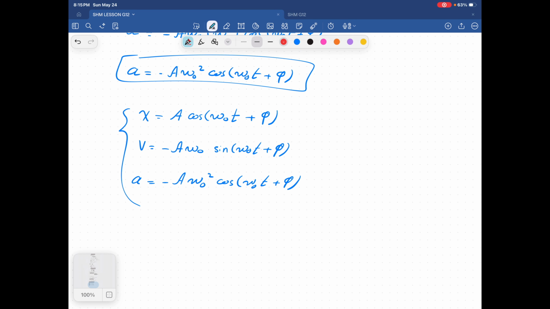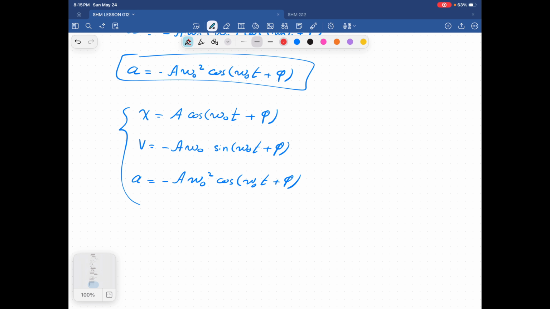Okay, now we have to understand the maximum values of velocity, acceleration, and position. This is clearly the maximum value of the position.